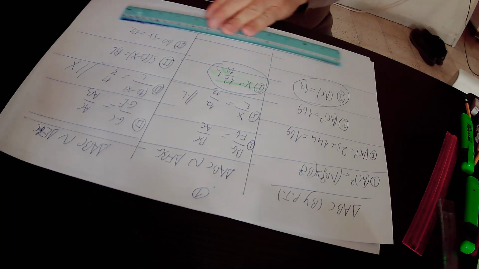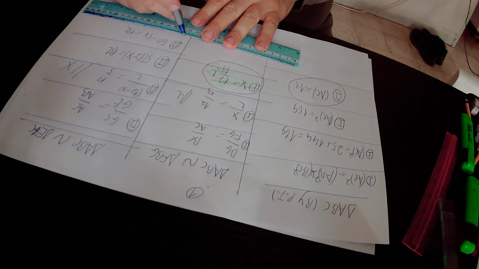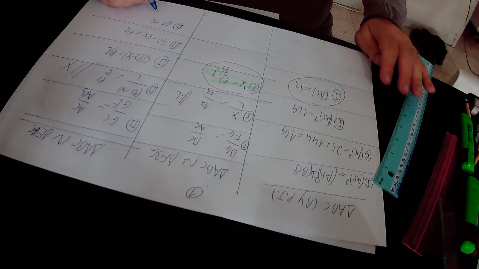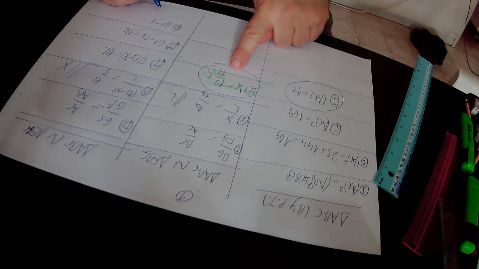We do it now, and we get 60 minus 5x, and x according to equation 1 equals 12L over 13, and it equals 13L.